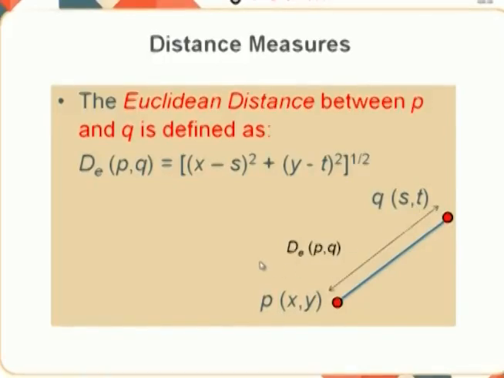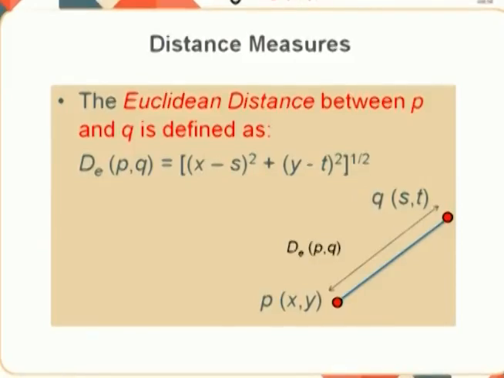Then the Euclidean distance between the points P and Q can be computed using this formula. You can see that the Euclidean distance between P and Q is the root of (x minus s) whole square plus (y minus t) whole square. You have to take the root of these two. This is what we call the Euclidean distance.